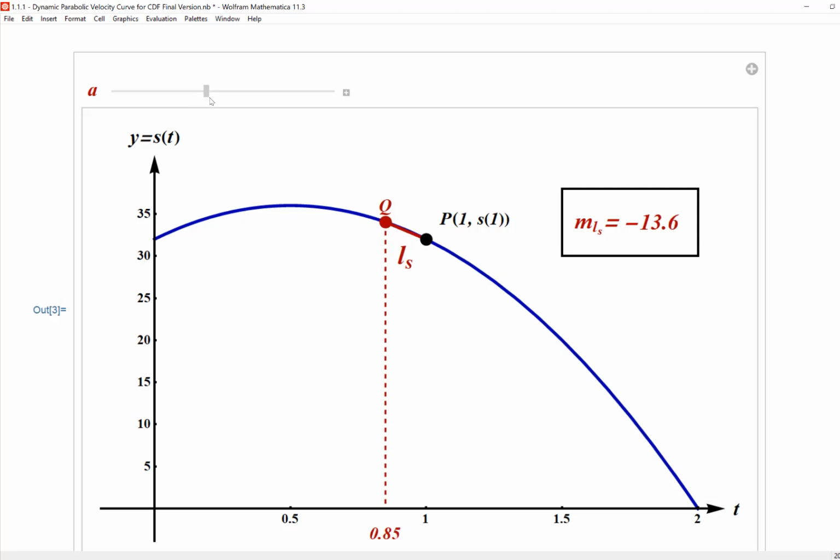And eventually, if I get really, really close, that secant line connecting the 2 points is so tiny. The length of it is getting smaller because the time interval down here is also getting really small.